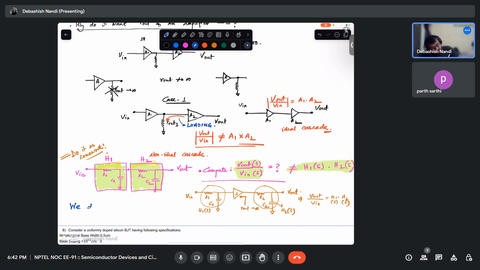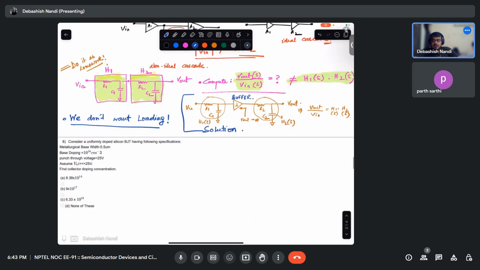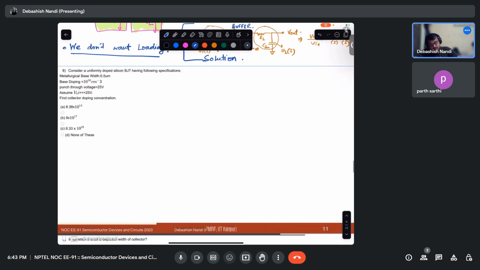We don't want loading, so this is the solution. This is a buffer. Okay, do this at home, it will be a good thing to do.